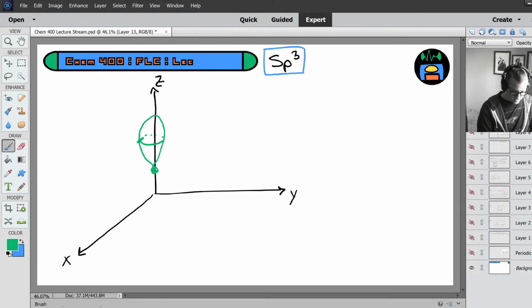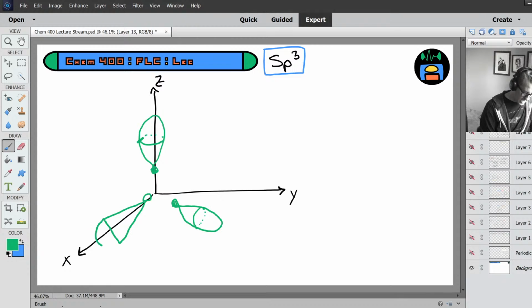A second was in the zy plane. A third was kind of down, but coming out, not oriented along the x-axis per se, but kind of wedged out like so. And then the last one was going down and back.